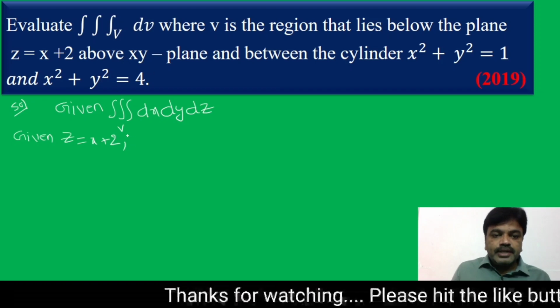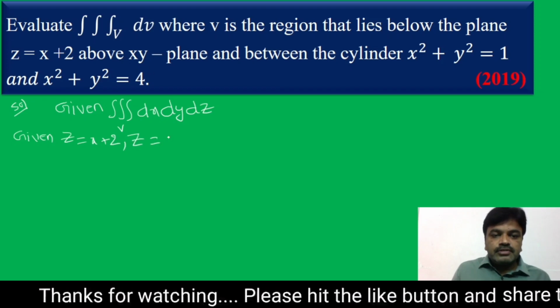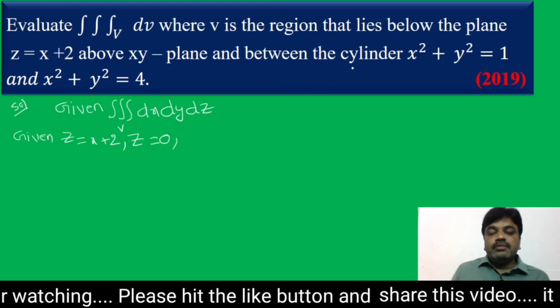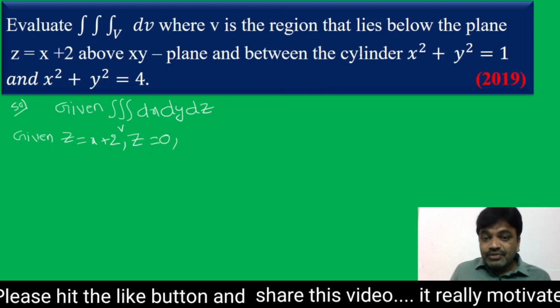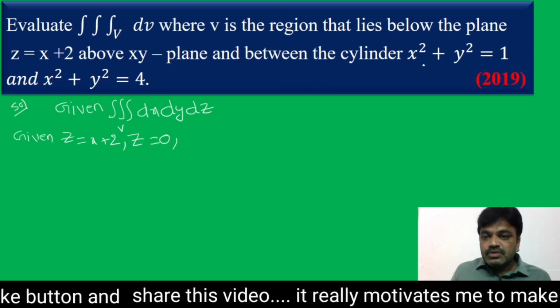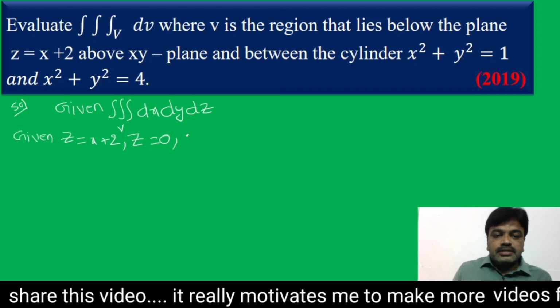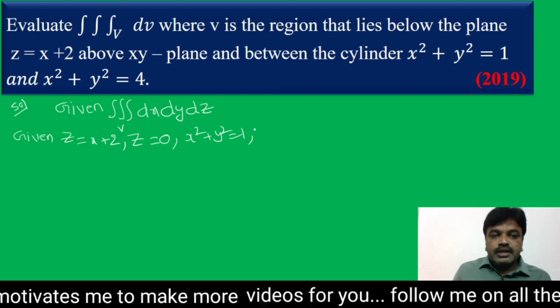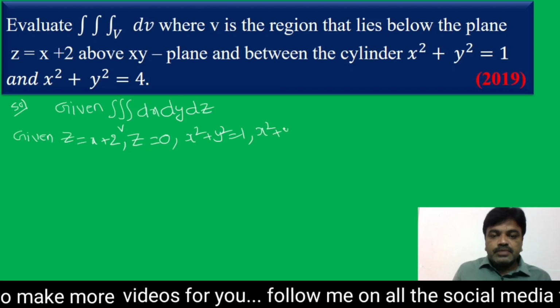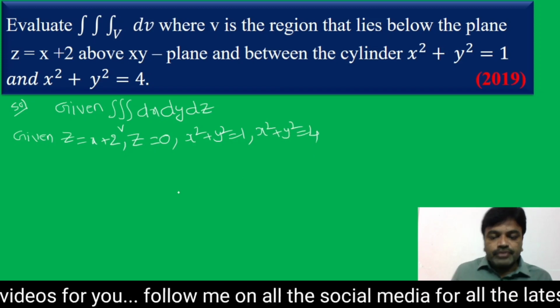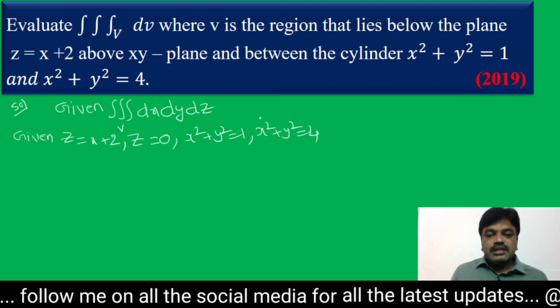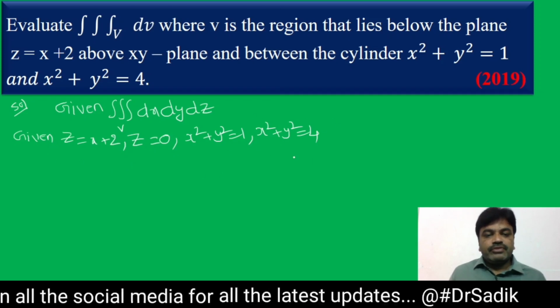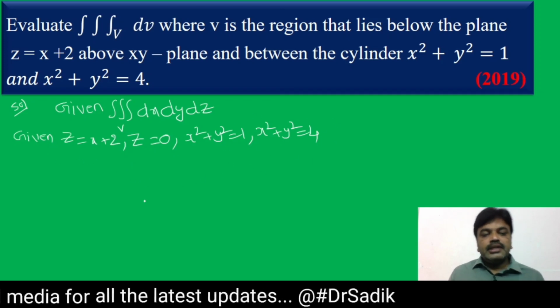In the xy plane, the z value is equal to 0. Moreover, it lies between the two cylinders x squared plus y squared equals 1 and x squared plus y squared equals 4. This is our bounded region. We are finding the volume of this bounded region.